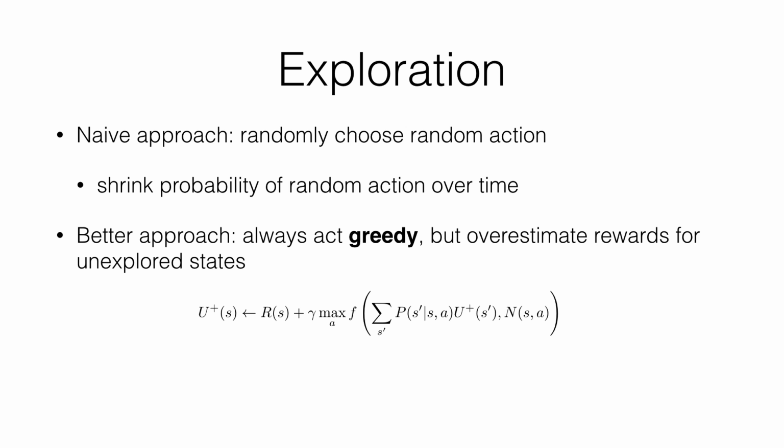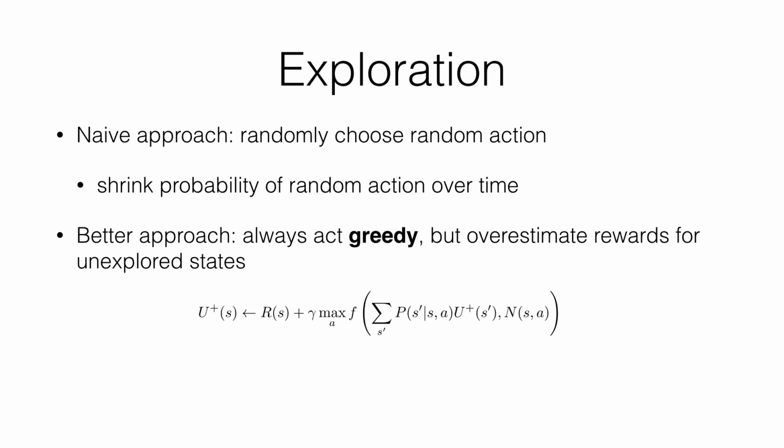If I don't trust my current estimate because I haven't visited this state enough or haven't tried this action enough times, then we're going to use an overestimate. We're going to assume that there's going to be some magical, amazing reward if we try this action.